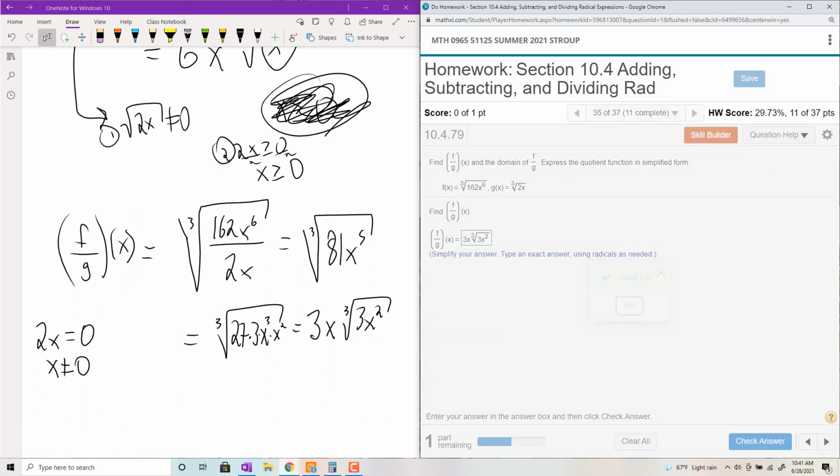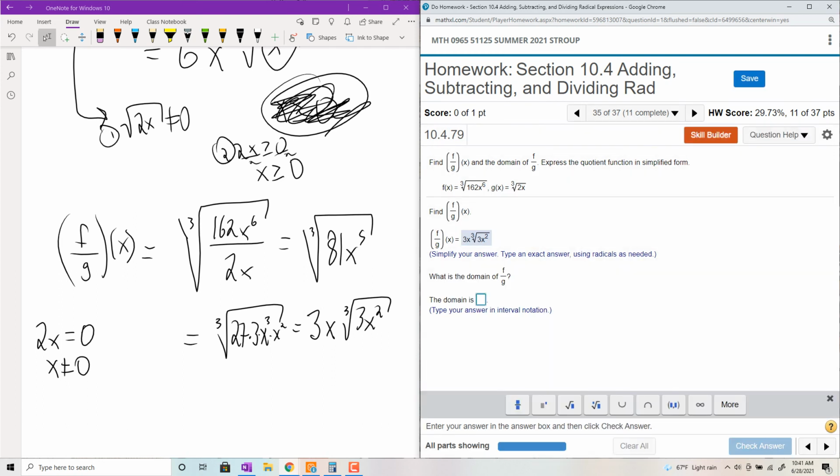And then the domain, and this is a little bit weird, to write all numbers except 0, you have to use the union symbol. So it'd be negative infinity to 0, open parenthesis, and then unioned with 0 to infinity. So basically every number except 0. Let's try that.